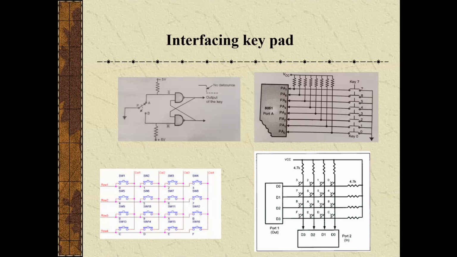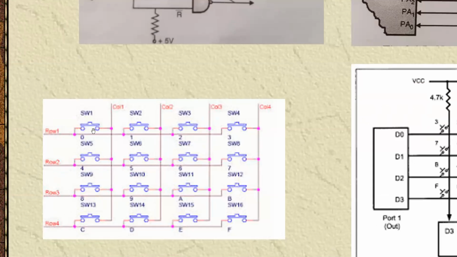So this is the matrix keyboard interface form. Here a total of 16 keys are organized between the 4 rows and 4 columns. In this configuration, we can see there is no connection when the keys are open. See here carefully, there is no connection.